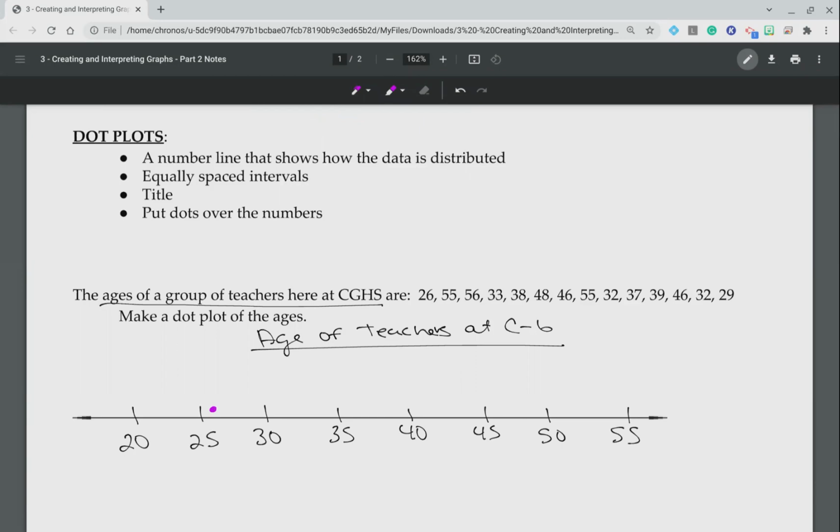So 26 is going to be right about here, and we put a dot. Then we have a 55, a 56, a 33, a 38, a 48, a 46, a 55, and notice now that I had more than one 55, I just stack it right on top.